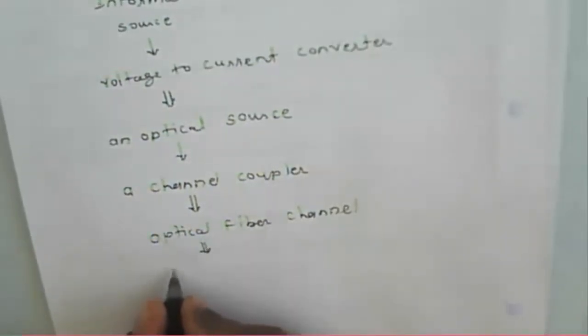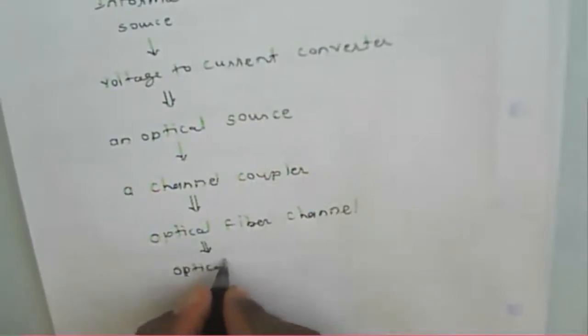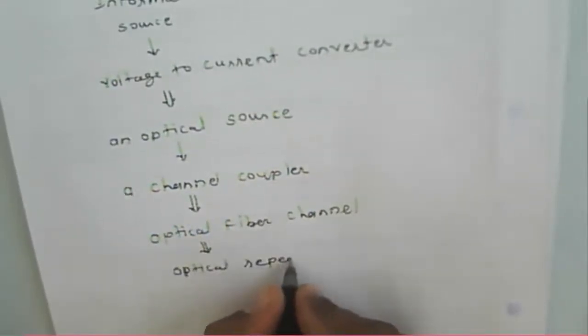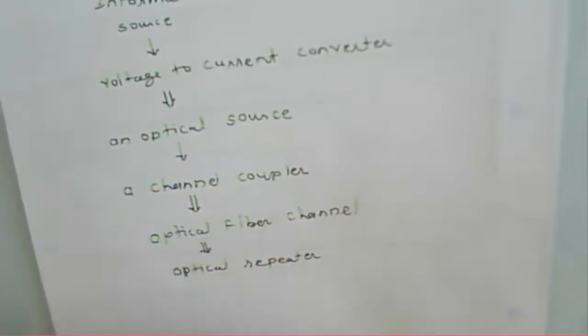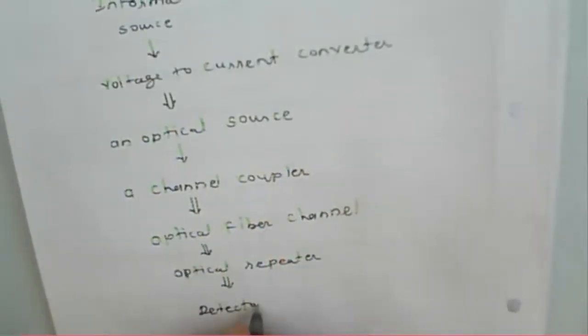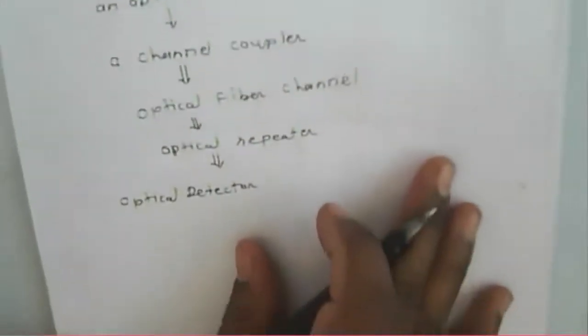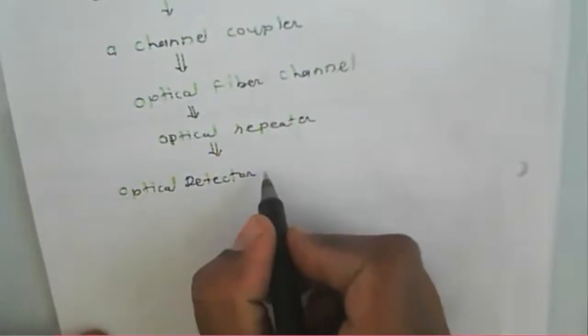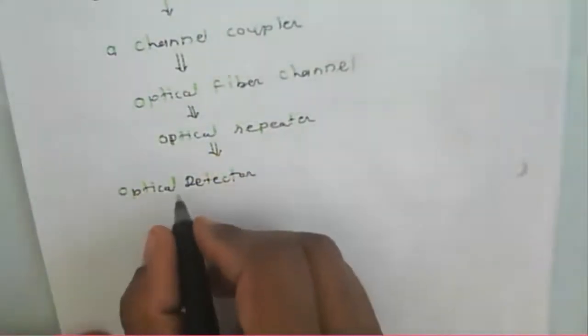Then we have an optical repeater in between the fiber, and after that, at the end, we have a detector. We say it is an optical detector.